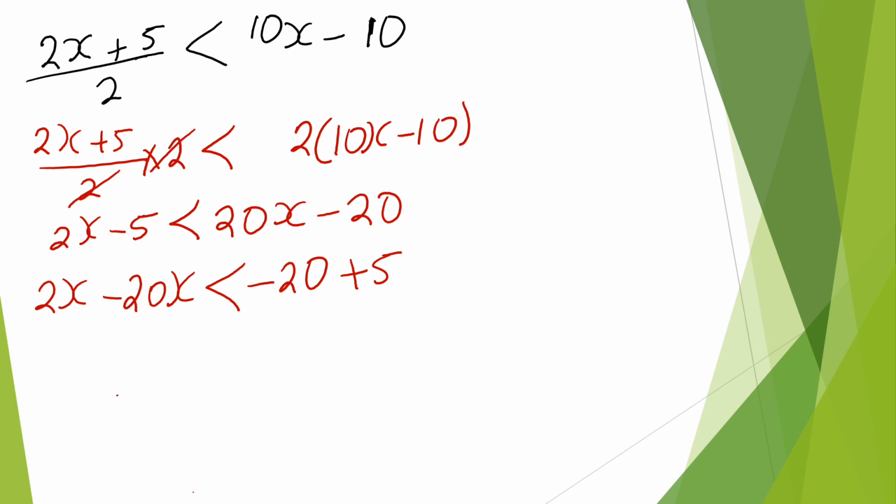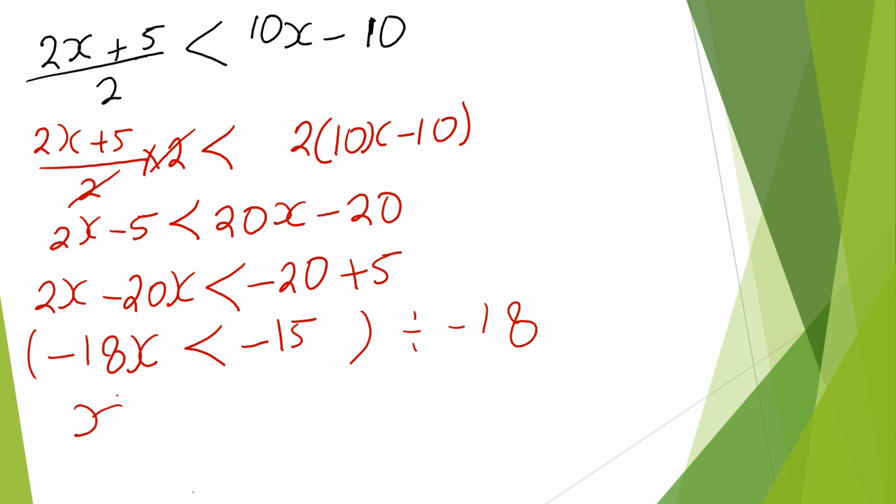So now you simplify in here, so you've got negative 18x less than negative 15. Now I will have to divide by negative 18, and because I'm dividing by a negative number, I will have to flip the sign. So I'll divide everything here by negative 18, and that's where I get x.